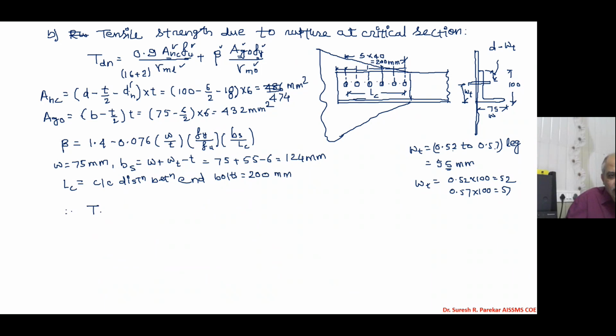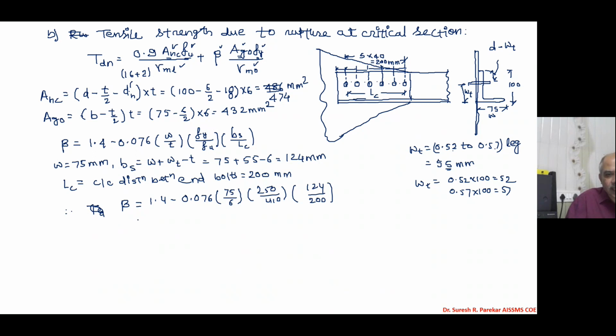Therefore, Tdn equal to, or we will first calculate beta separately. So we have 1.4 minus 0.076, W we have 75, T we have 6, Fy 250, Fu 410, Bs 124, Lc 200.